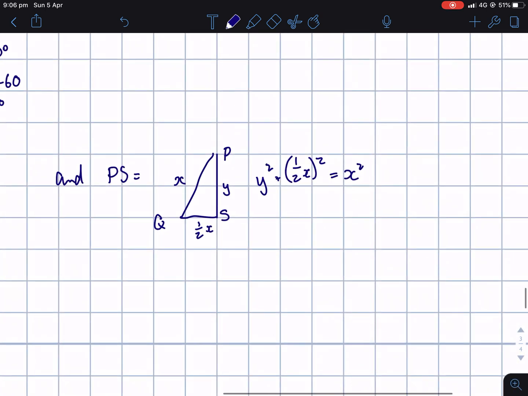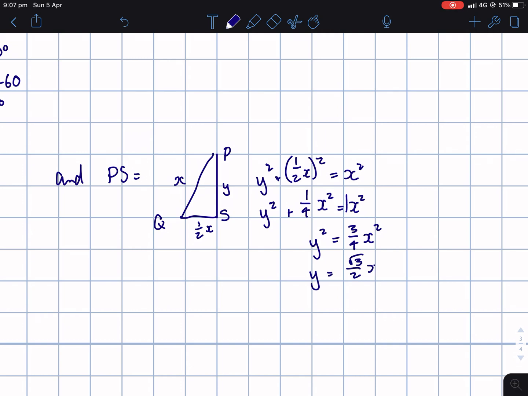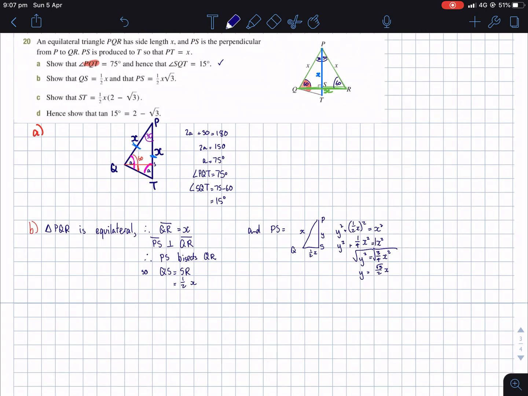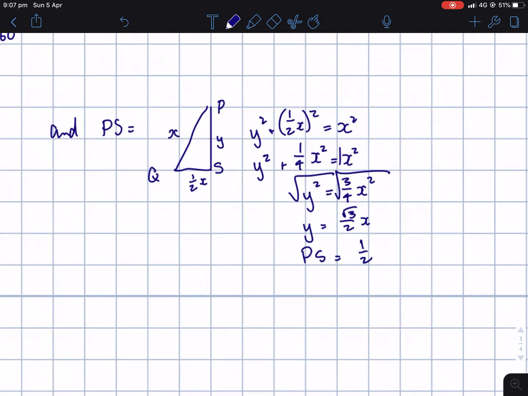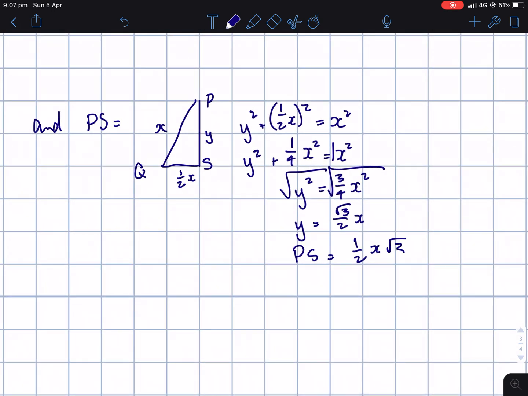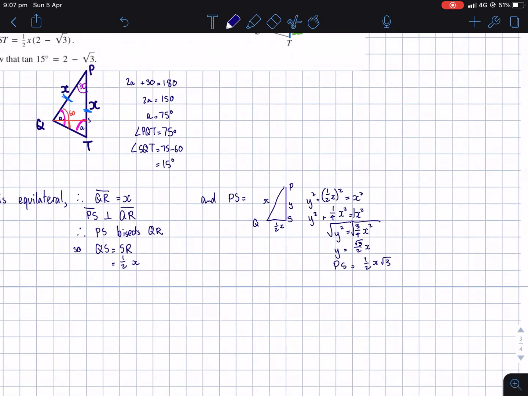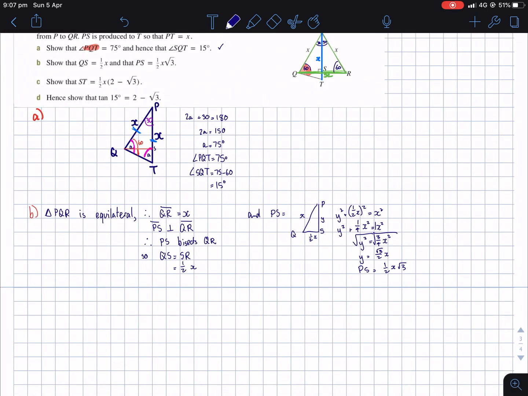So Y squared plus a quarter X squared equals X squared. So Y squared equals 3/4 X squared, because 1 whole minus 1/4 equals 3/4. So Y equals √3 on 2X, because I'm square rooting the lot, and square root of 4 is 2. Square root of X squared is X. So that was line PS equals, another way to write this exact same thing, half X √3, because the √3 is on the top. It's a weird way to write it, but it's another way to write it.